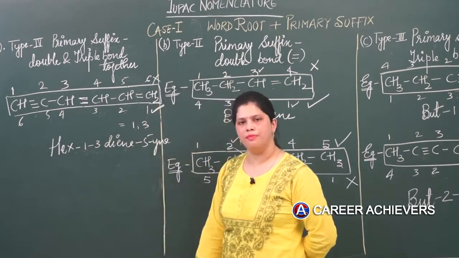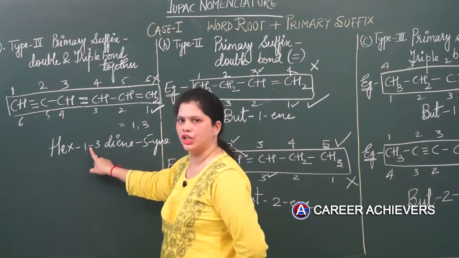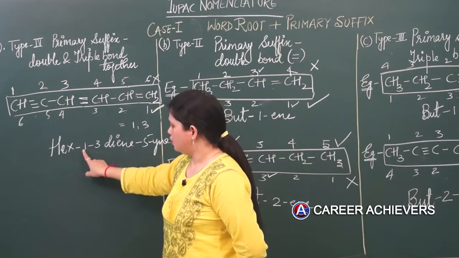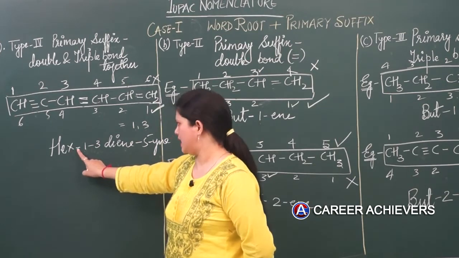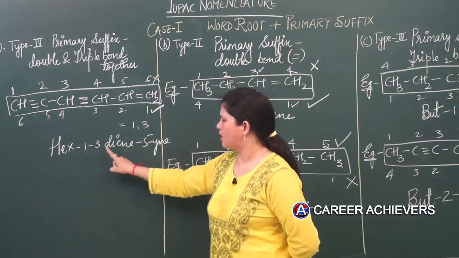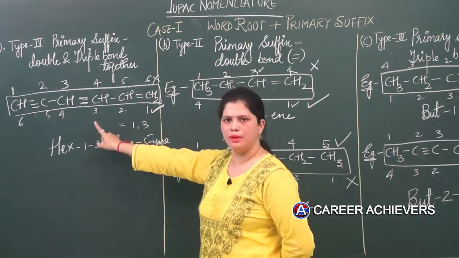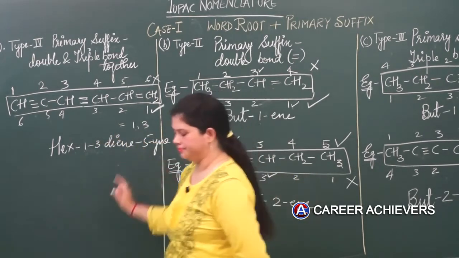One more thing you might notice here is that whenever I am writing, I am putting a dash. If you have to write a number and an alphabet, then you have to put a dash like this. So basically this is the correct name of this molecule, hex-1,3-diene-5-yne, because 2 double bonds at 2 positions are there, and 5-yne.